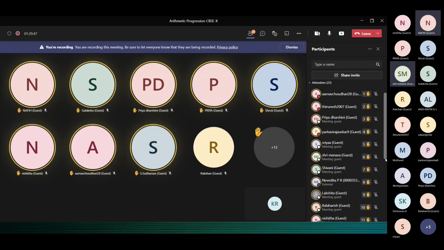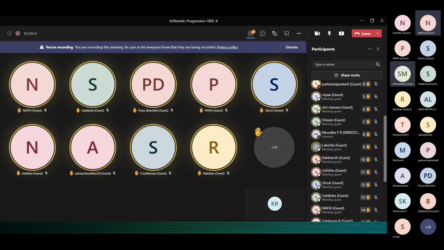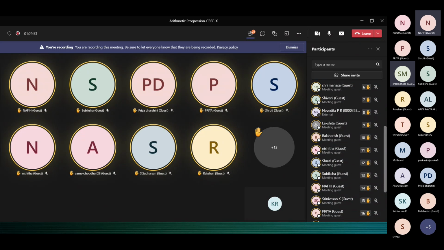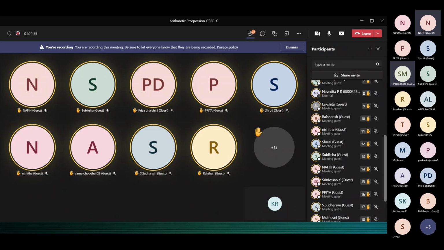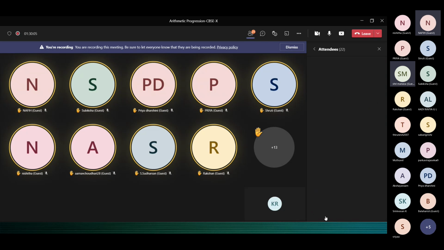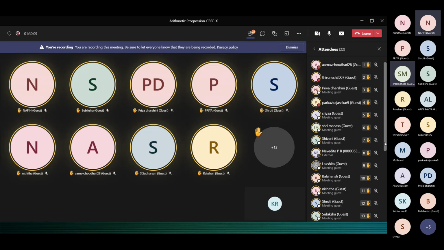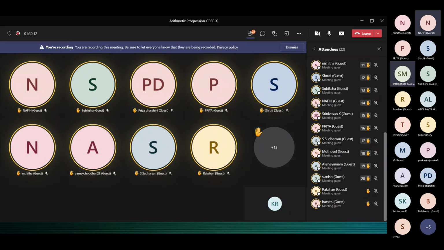Arnav, Tirunesh, Priyadarshini, Parkavi, Shriya, Manasa, Shivani, Nivedita, Lakshita, Balaharish, Nishita, Shruti, Subiksha, Nafi, Srinivasan, Priya, Sudarshan, Muttuvel, Akshayram, Anish, Rakshan and Harshita. Very good.